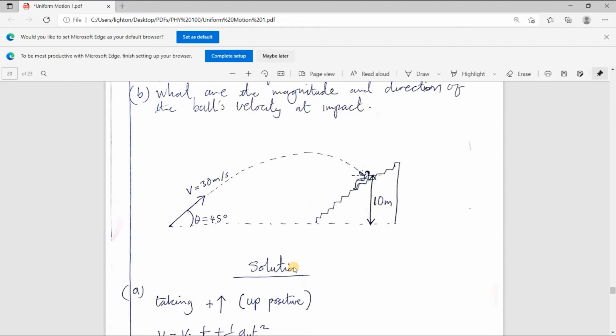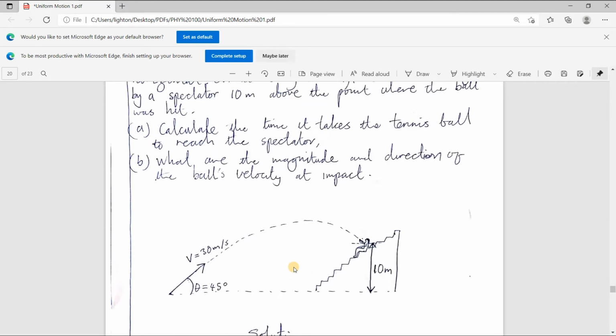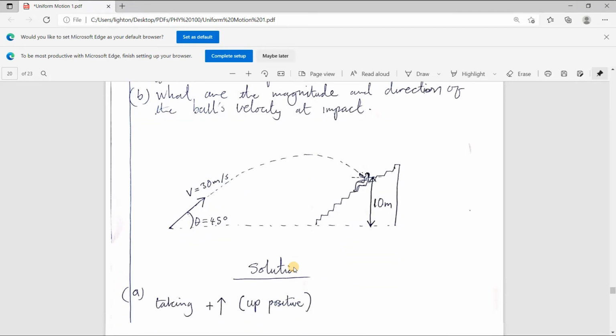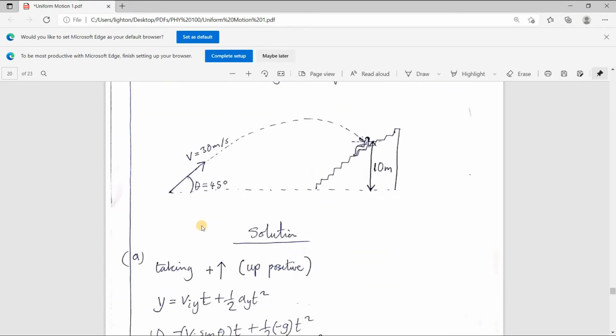So to start with, we're told to calculate the time it takes the tennis ball to reach the spectator. We use the tools we have again. Simple, just use what you have. You have a height here, which means the only thing you can work with is the components of displacement in the y-axis.